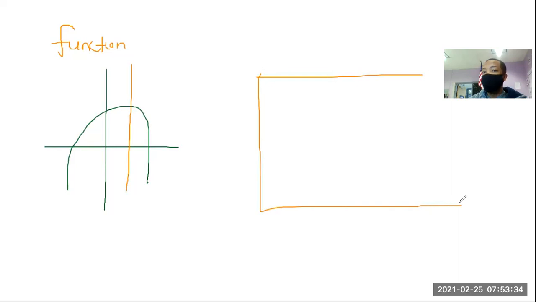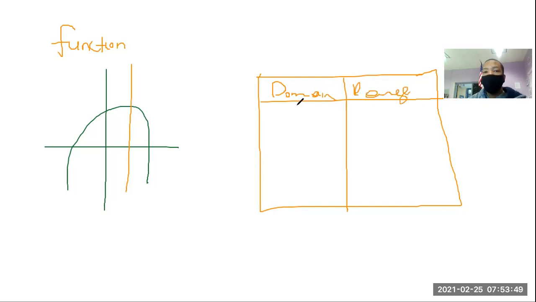In this case, this right here is a function. Another example we could look at is by looking at the x values within a table or a set of points or a mapping. So we have the domain and the range. 1, 2, 3, 4, 3, 2, 1, 6.